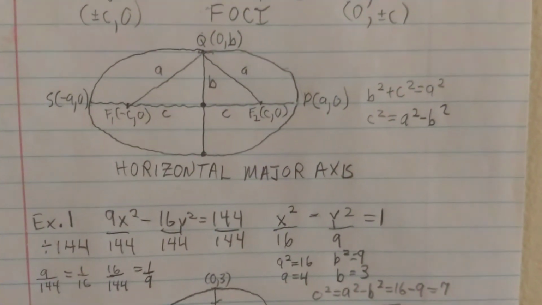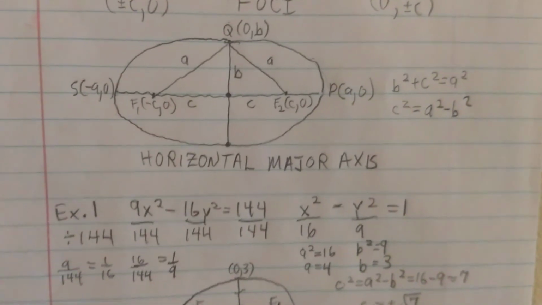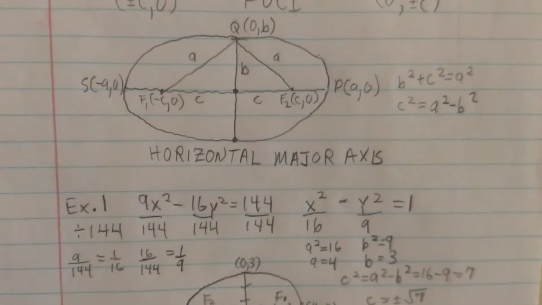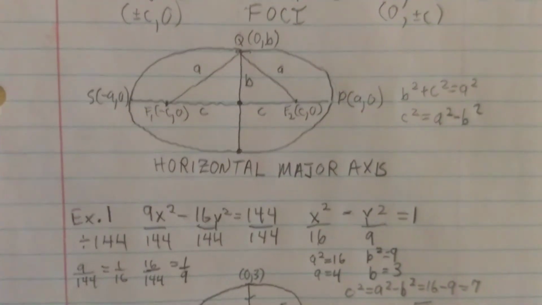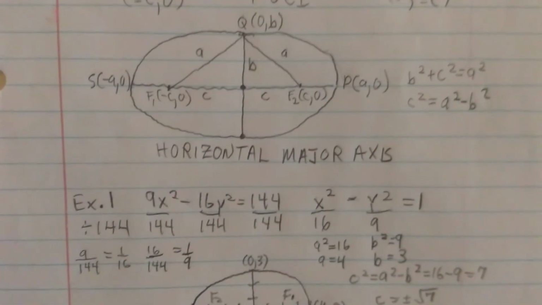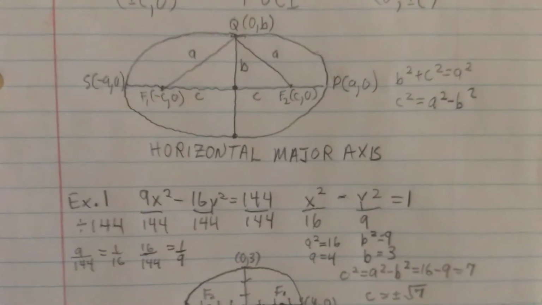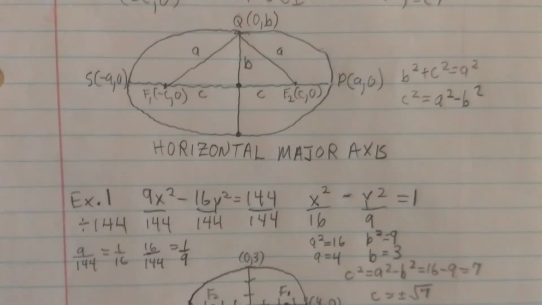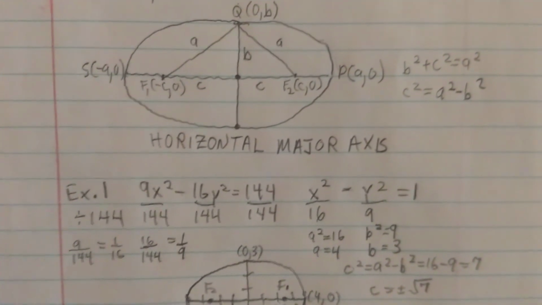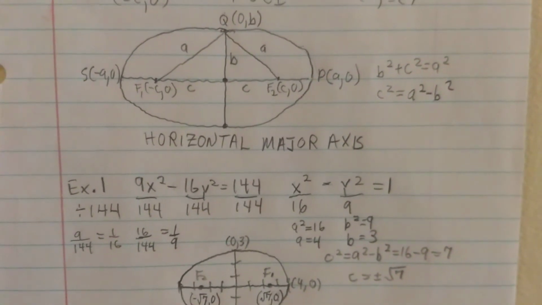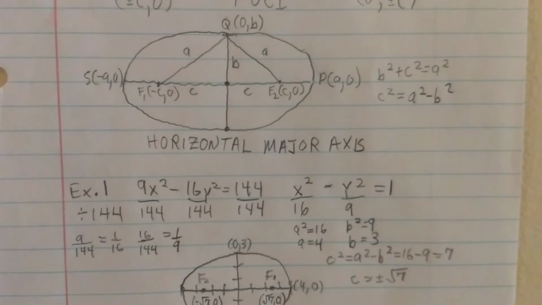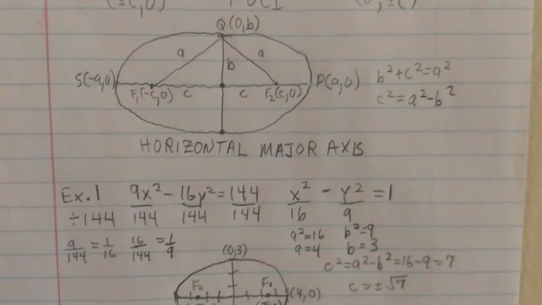So we see point P, a comma 0, and on the other end, S, minus a comma 0. On the top, the covertex is Q, 0 comma b, and on the very bottom would be 0 comma negative b. Now F1 is negative c, 0 on the x-axis, and F2 is c, 0 on the x-axis.